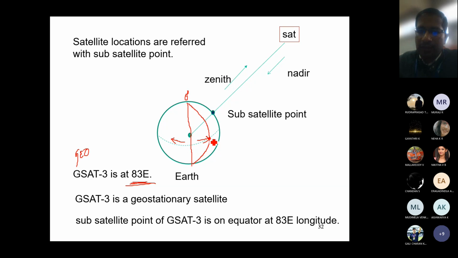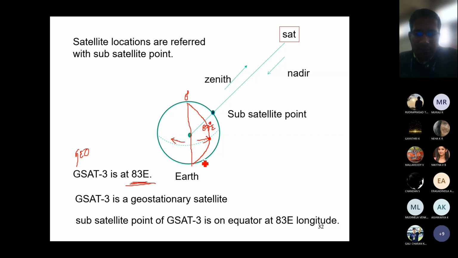So the coordinate of the satellite is nothing but the coordinate of the sub-satellite point. So this is the sub-satellite point. You can see it is lying on the equator, and it is also lying on the 87° east longitude.